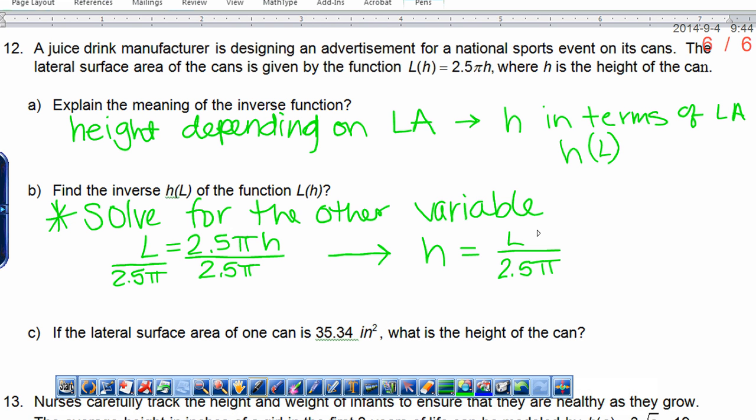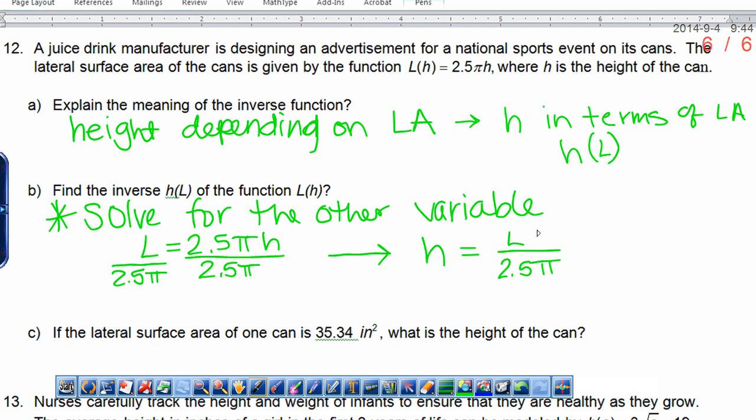Okay, so it's different for application problems. Now, a quick hint that will come up a couple times this year. Say we had time to get out our calculators and do part C, where they gave us the lateral surface area of 35.34. Where would we plug that in? It gives us the lateral area, so we're going to plug it in for L, right?